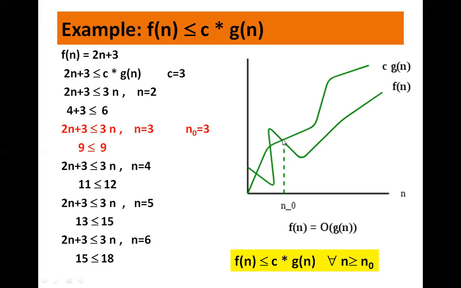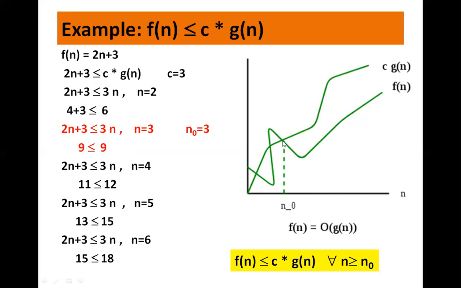But after some threshold, after some value of n, c into g of n will always be greater than f of n, right? This point is nothing but here. It is not the true case, right? But as soon as n becomes 3, after n's value is 3, it will always increase. C into g of n will always be greater than f of n.